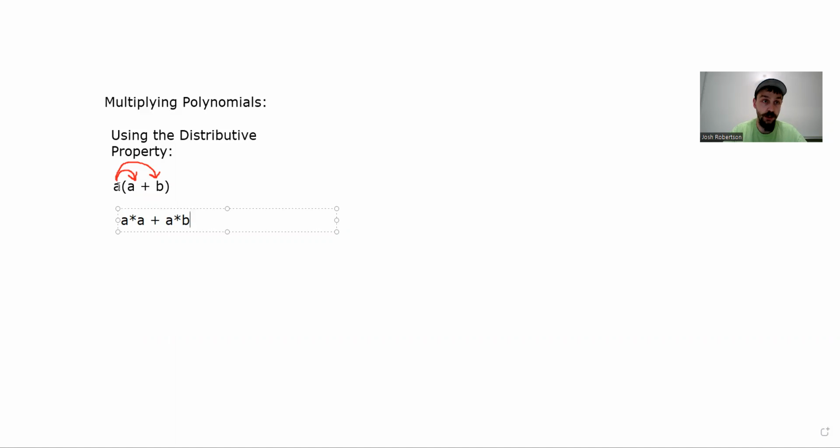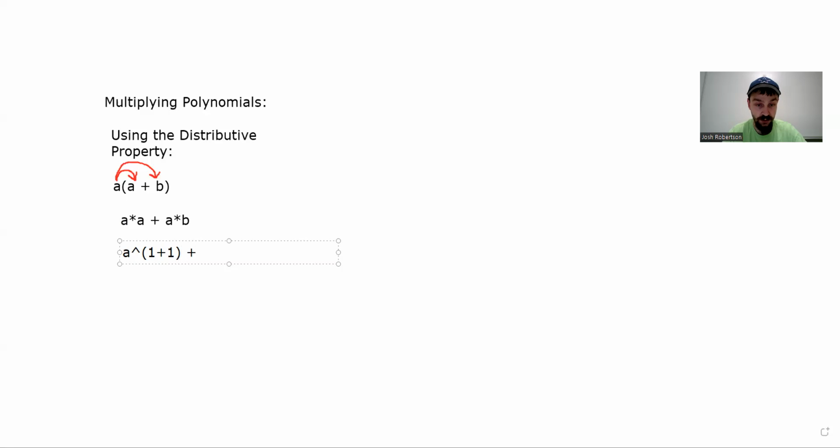Now, when you're multiplying exponents, this is A to the 1 power times A to the 1 power. A times A, that would give you A to the 1 plus 1 power, right?